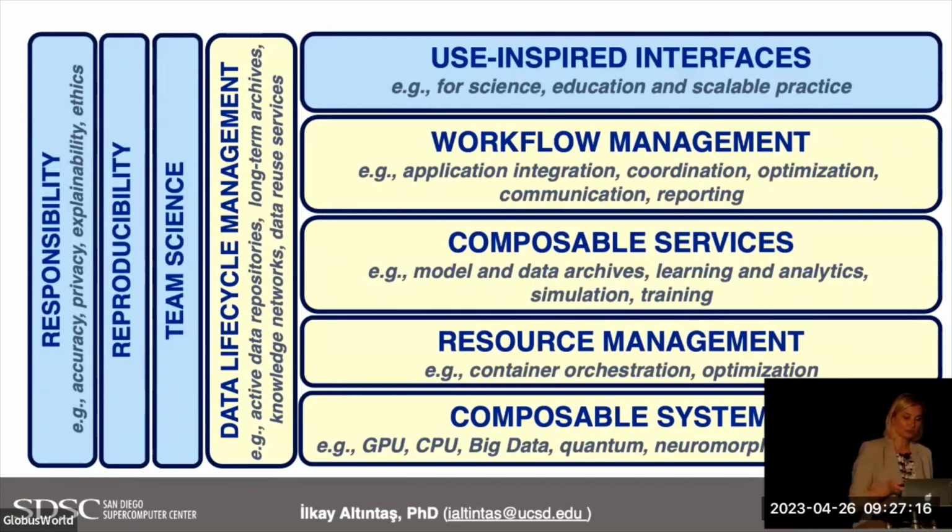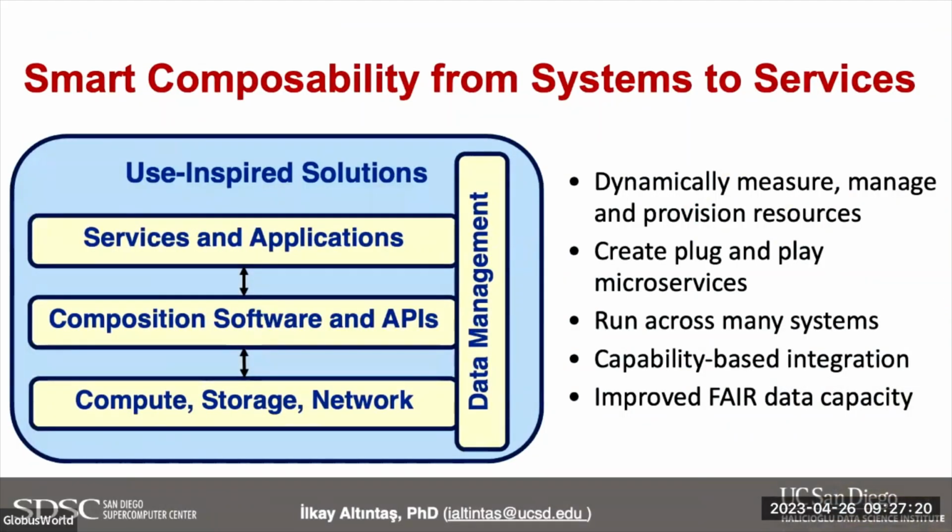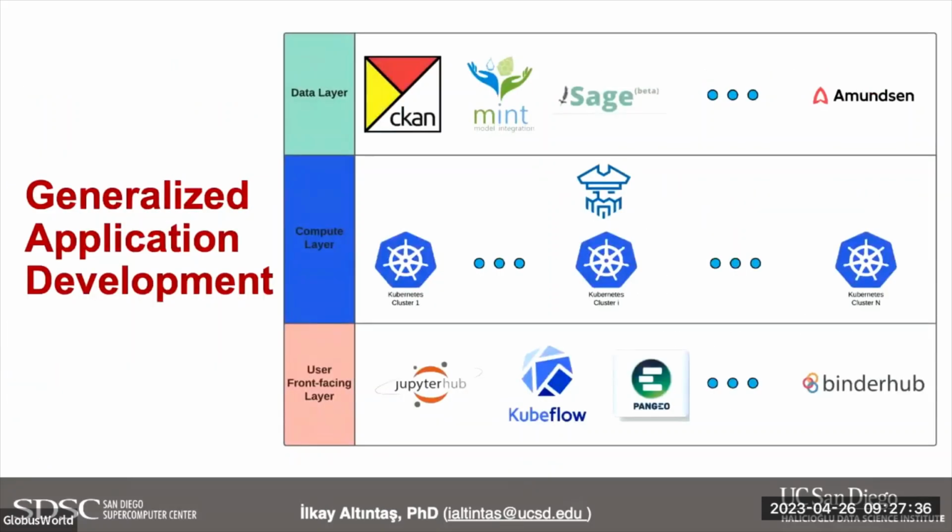When you put those all together, it becomes unreadable. If I were to simplify that, it becomes compute, storage, network, composition software, services and applications through a data management fabric, and then you program applications on top of them. And there is actually a generalized way of thinking this. There's a data layer, there's a compute layer, of course they are networked, and then there's the user-facing part of it.